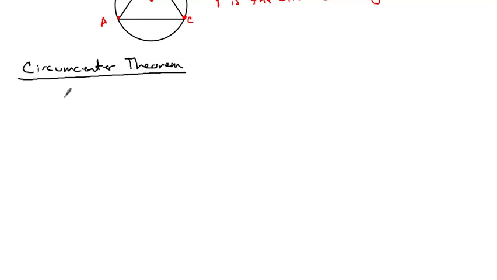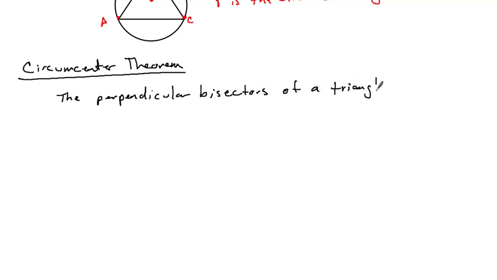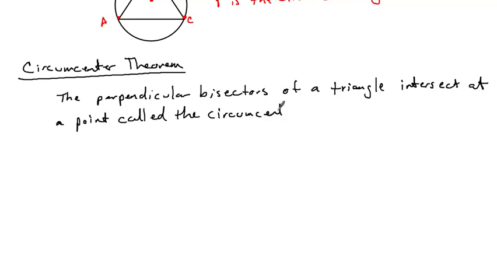And it says that, and it's a doozy, the perpendicular bisectors of a triangle intersect at a point called the circumcenter that is equidistant from the vertices of the triangle.